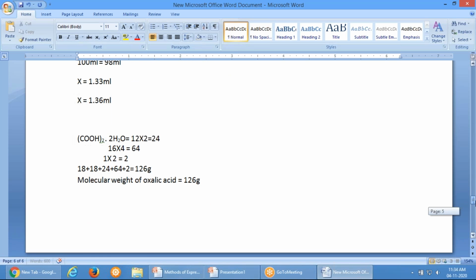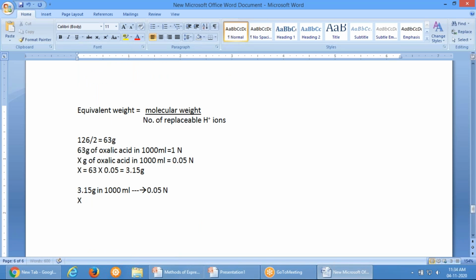200 ml. How much will it be? 3.15 into 200 divided by 1000, that is 0.63 grams.